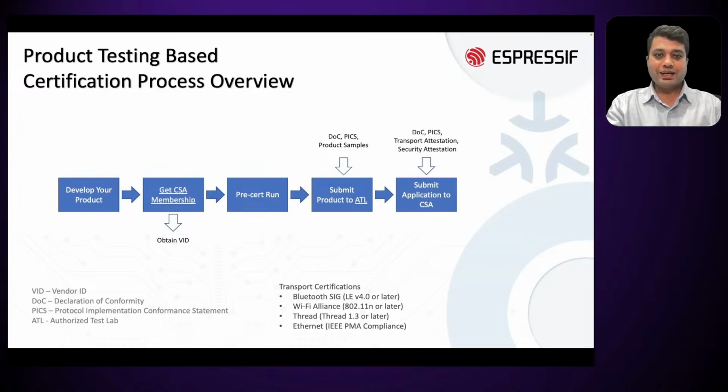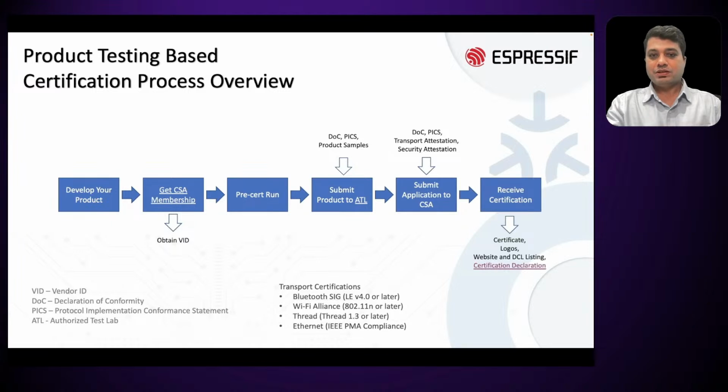If you are building a Thread accessory, you have to submit Thread certification as well as Bluetooth SIG certification. Once you submit this documentation, and CSA receives the results from the test lab, the CSA reviews this information and finally gives the certification to your product.